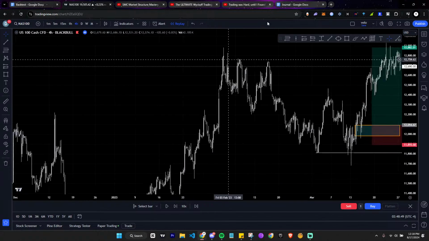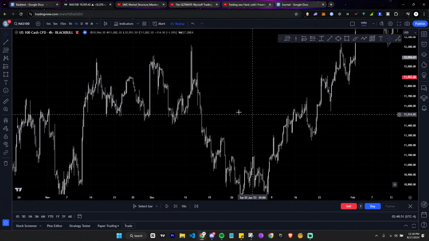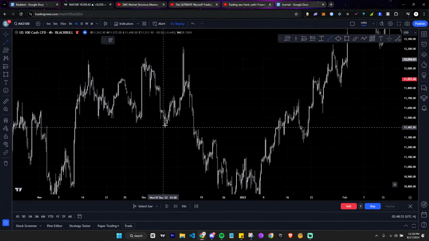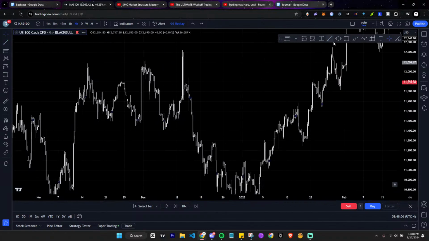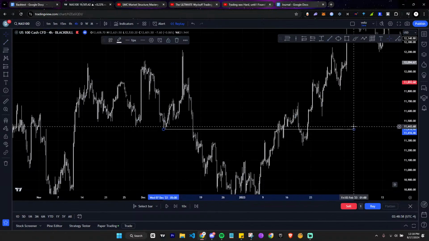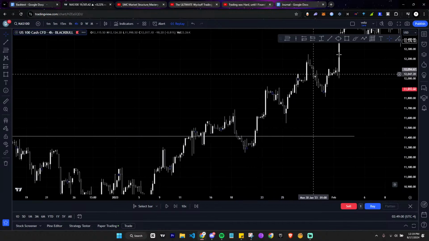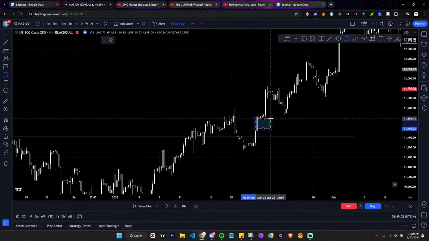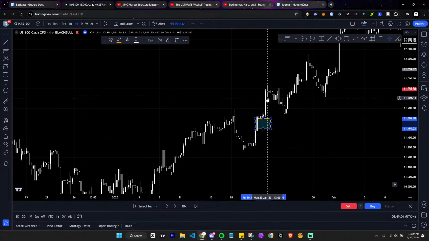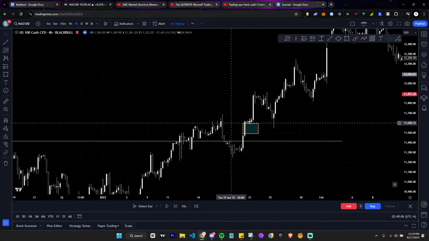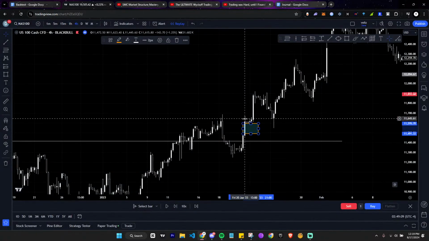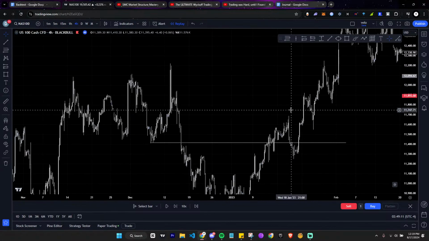So let's backtest a little more. Over here you can see that this failed to displace for a very long time. Over here, see that this is a fair value gap that was tapped back into. So even though this was sort of used again, even if you did entry off this one, you'd still have a pretty good RR, honestly.